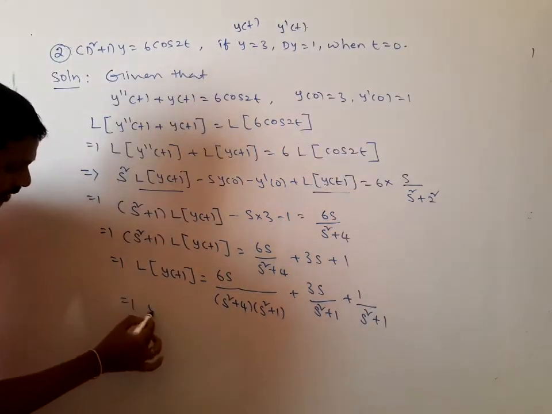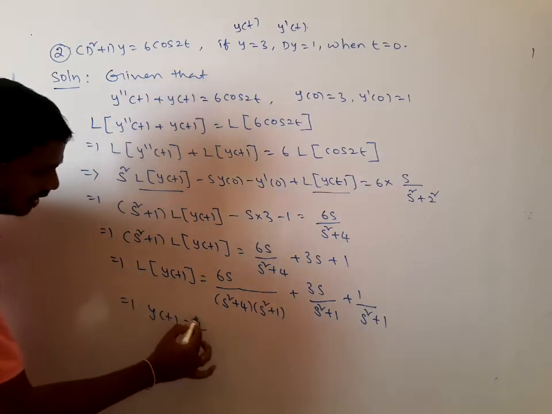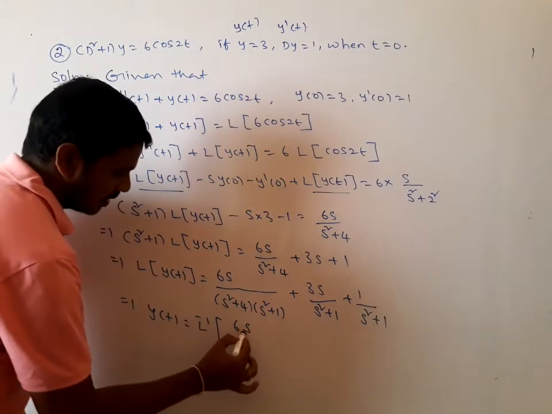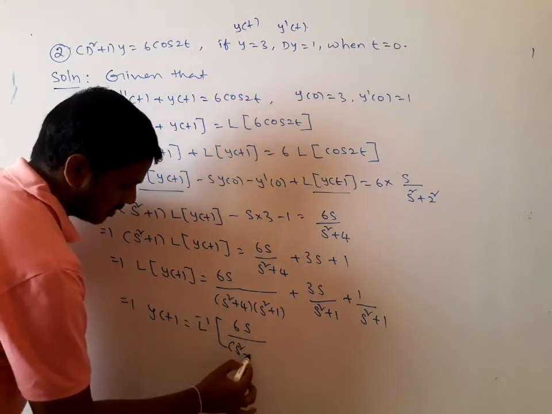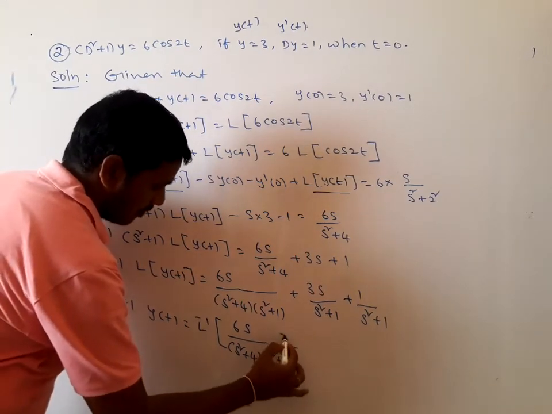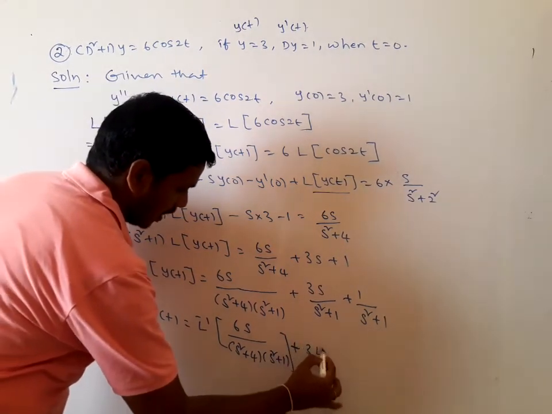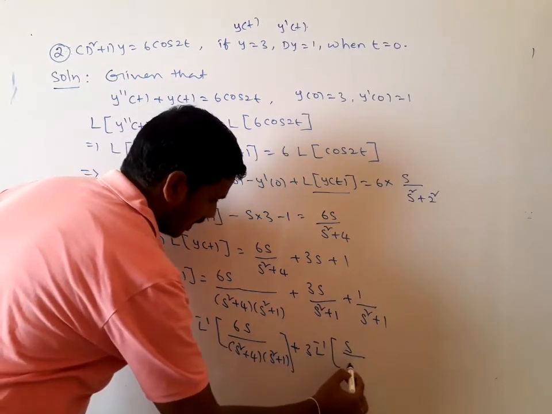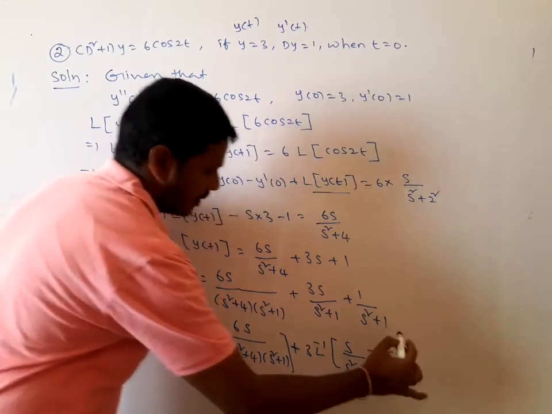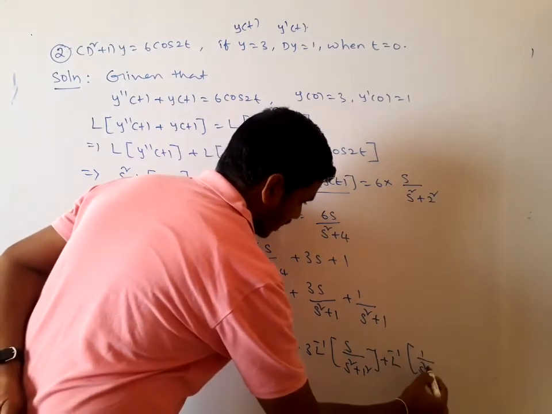Now from this you will get y of t. L inverse of, by using the linear property, I am writing separately: 6s divided by (s square plus 4)(s square plus 1), plus 3 into L inverse of s divided by s square plus 1, plus L inverse of 1 divided by s square plus 1.